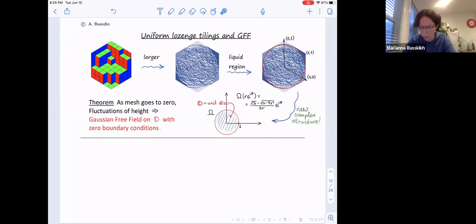This is well known, and you can see that there is a different behavior close to the corners and inside the circle, the so-called Arctic circle. So the liquid region is a region where the asymptotics of probabilities of lozenges of all three types are non-zero.